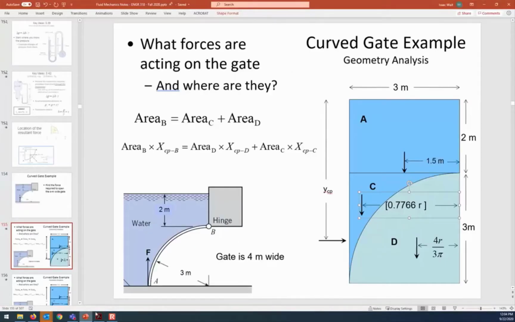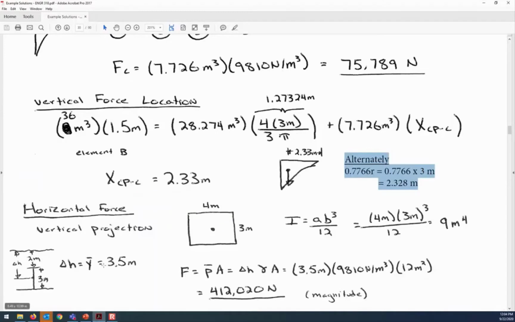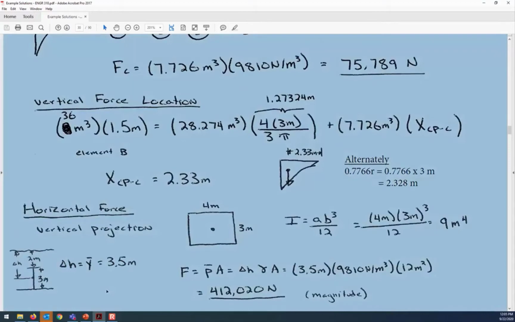So the depth of the centroid: the center of area for the projection is 2 meters plus 1.5 meters. So delta H is equal to y bar. It's 3.5 meters down from the water surface to where the centroid is located.